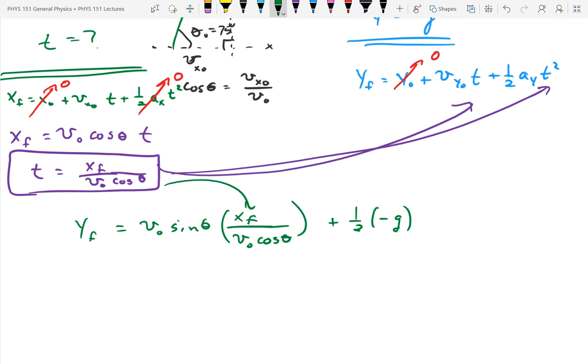And notice I substituted for Vy initial and for Ay. And so there I have an equation that I can solve for V0.